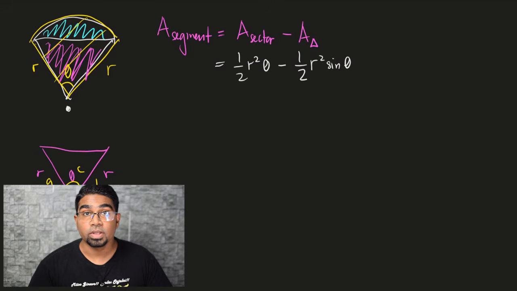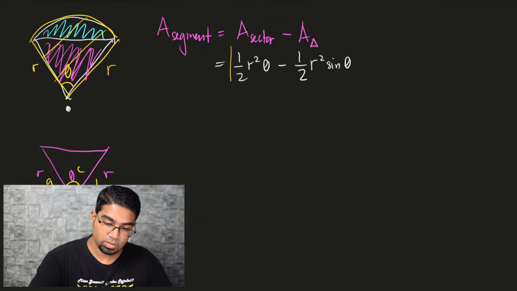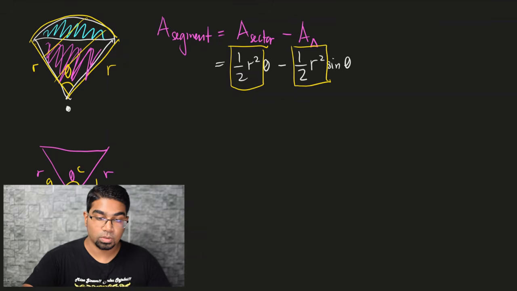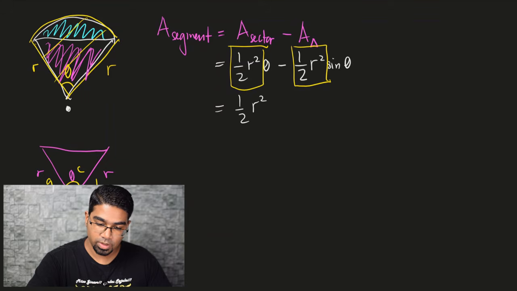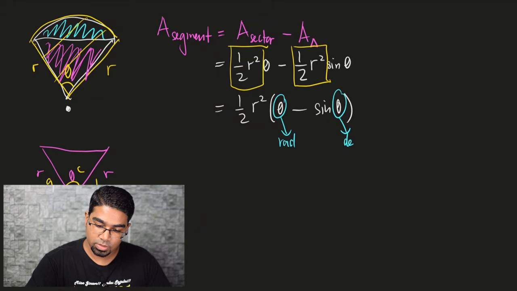If you look at this carefully, you can see that we can factorize half r squared, 1 over 2 r squared, because they are present in both terms. So when we factorize it, it will become 1 over 2 r squared, bracket, theta minus sine theta. Now we have to be very careful here, because this theta is in radians, whereas this theta is in degrees.